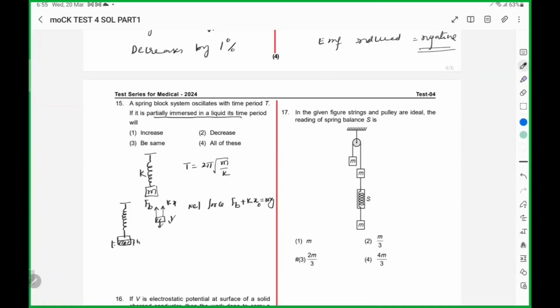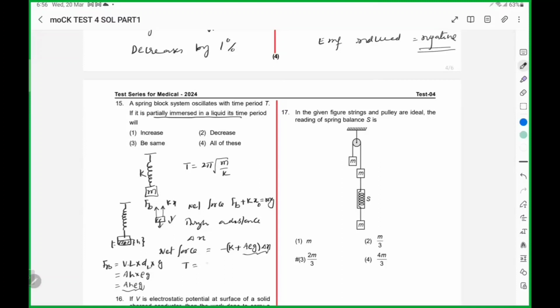When it is slightly displaced from the mean position through a distance delta x, then net force becomes minus (k plus A rho g) of delta x. What does this A rho g mean? Force of buoyancy is equal to volume of the liquid into density of the liquid into g. So volume of the liquid is area times length, here h, density of liquid is rho, that is A h rho g. That is the force of buoyancy.